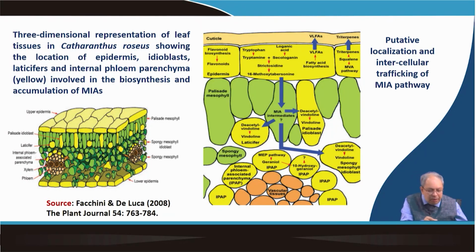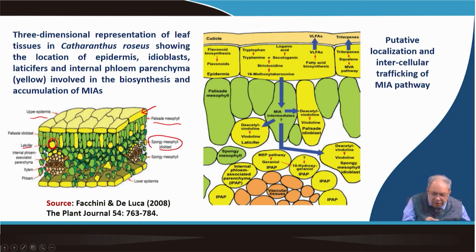At the top there is the epidermis, then the palisade mesophyll, then the spongy mesophyll. Along with that, in the spongy mesophyll there is the idioblast, and there is the laticifer.